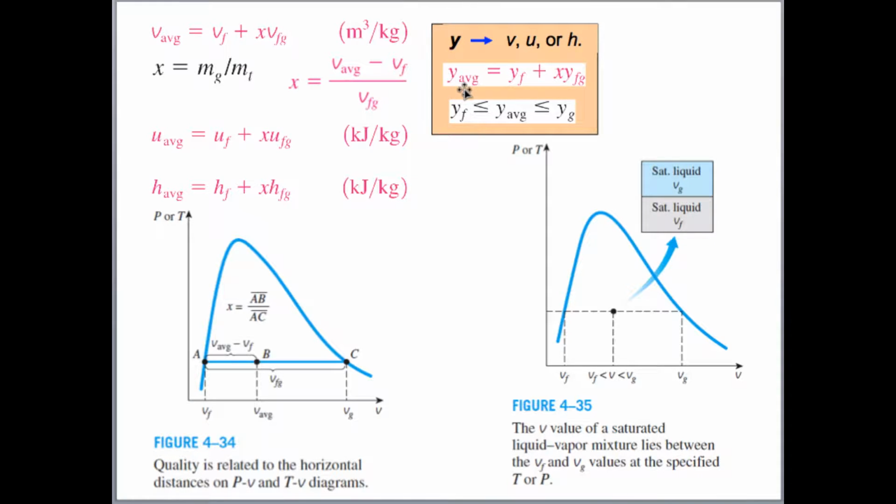We're going to say that the average property value, here expressed with the y, but you can substitute either specific volume, internal energy, or enthalpy for y, equals the corresponding saturated liquid state, plus the quality times the difference between the saturated vapor and liquid states.